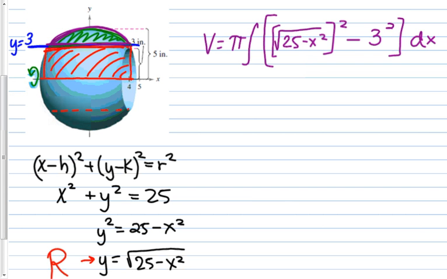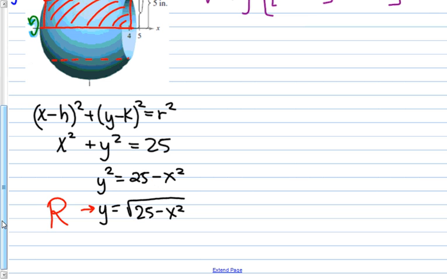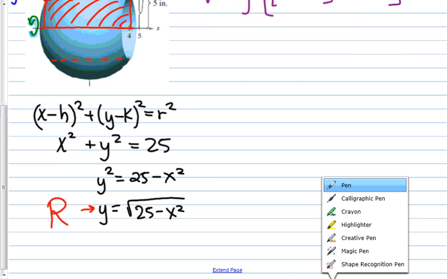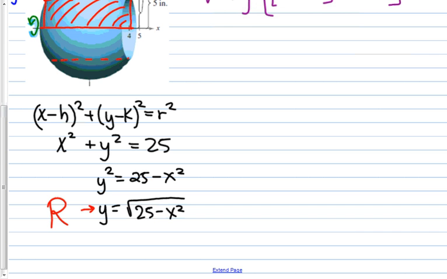Now our limits. Like the previous example, take the equations and set them equal to each other. That doesn't really work, right? Maybe I could make this 3. Let me show you what I'm talking about. I could plug in a 3 here. But then I have to square both sides.